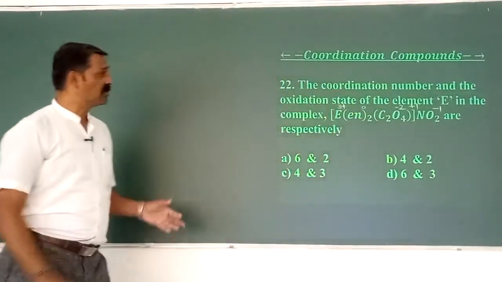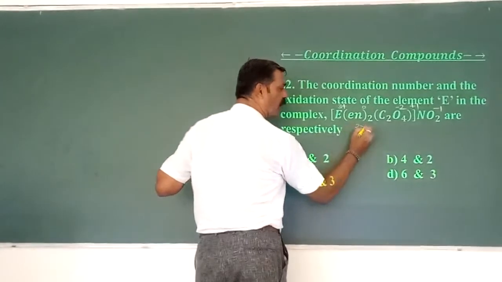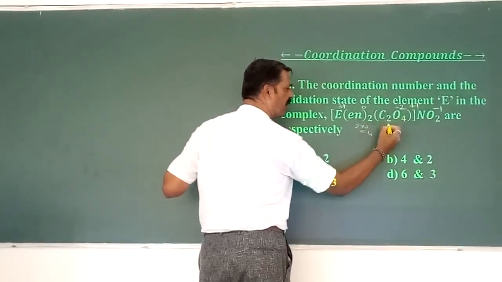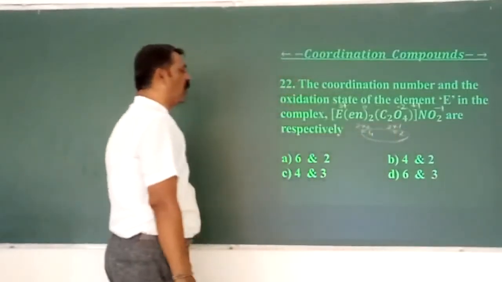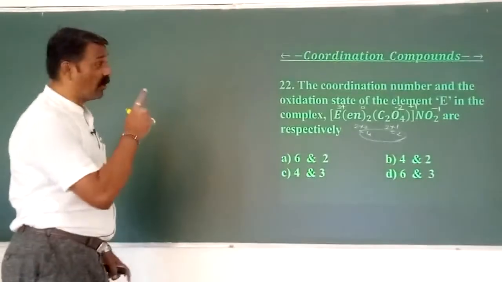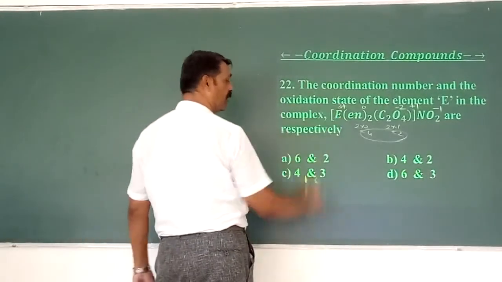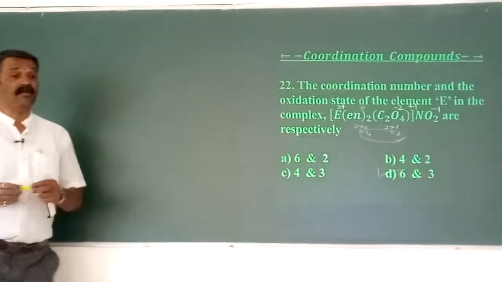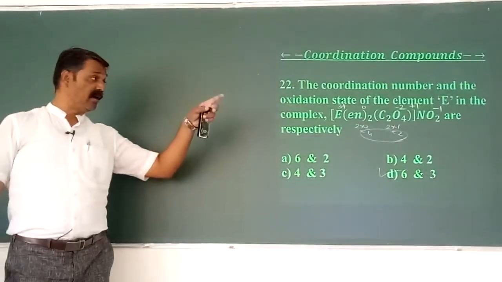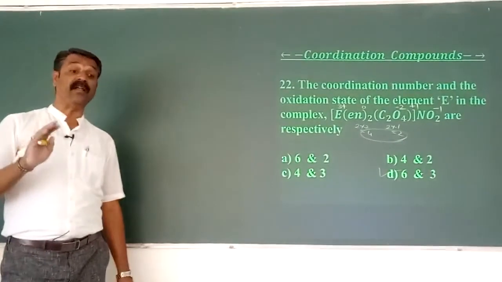First, what's the coordination number? Here it is a bidentate ligand, therefore 2 into 2 is equal to 4. Here it is also a bidentate ligand, 2 into 1 is equal to 2. Therefore 4 plus 2 is equal to 6. 6 is the coordination number, and the oxidation state that I got here is 3. Therefore it is 6 and 3, in the form of D. Because both en and oxalato, C2O4, are the best examples of bidentate ligands.